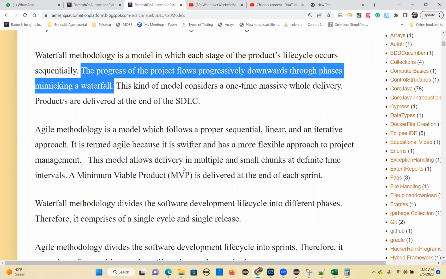Anytime you have to accept requirement changes in the Agile process, and then you will test it. You will deliver a minimum viable product. MVP means a minimum viable product is delivered at the end of each sprint. Within weeks you will get your feature ready. So that's the Agile methodology.